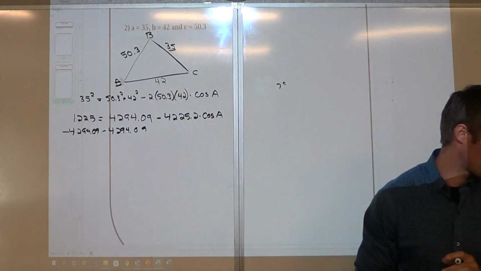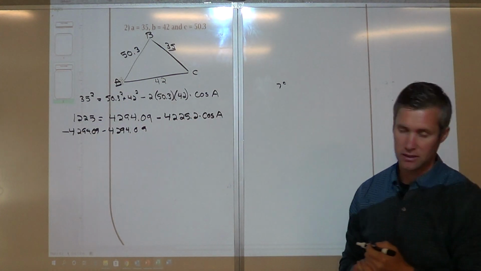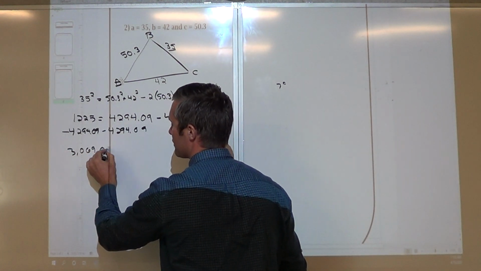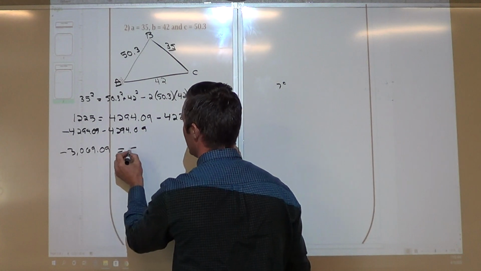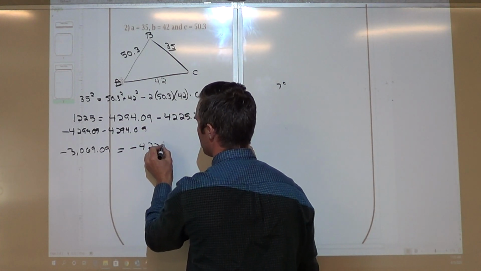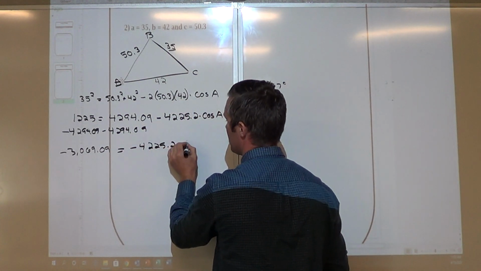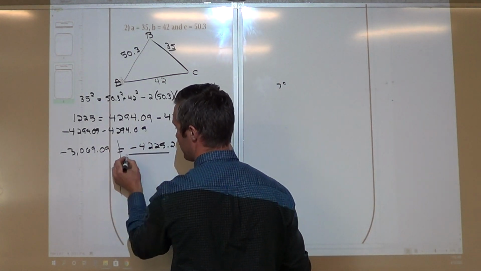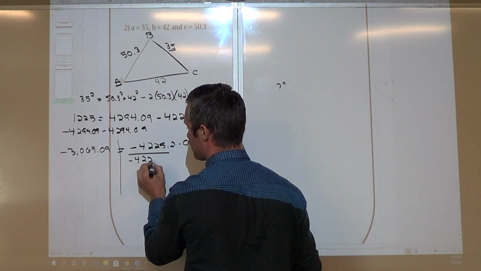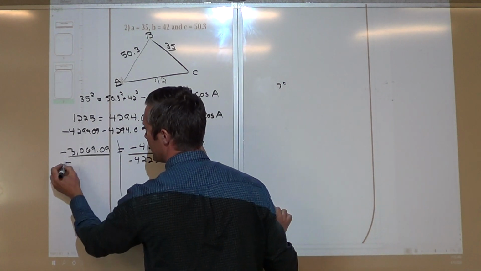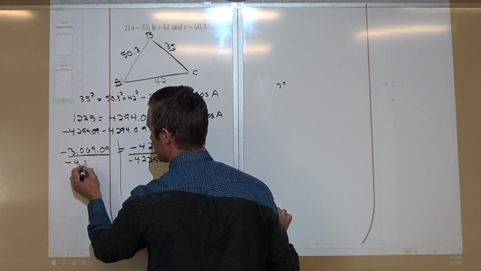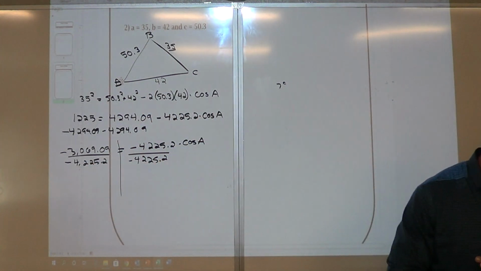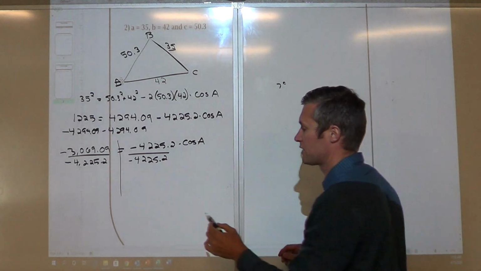So when we go ahead and subtract, we get negative 3,069.09 equals negative 4,225.2 times cosine A. And then I'm solving my equation. Divide by negative 4,225.2 on both sides. When we do that, we get this is equal to 0.726.